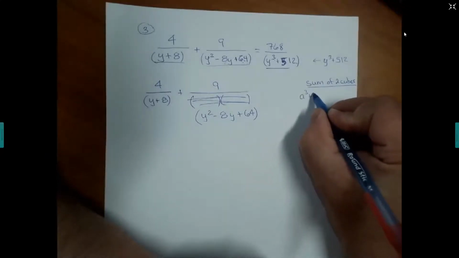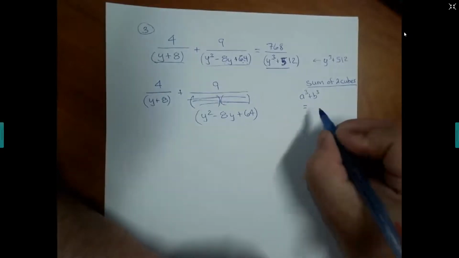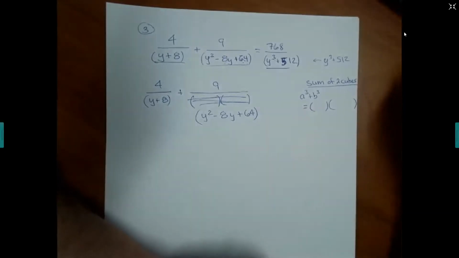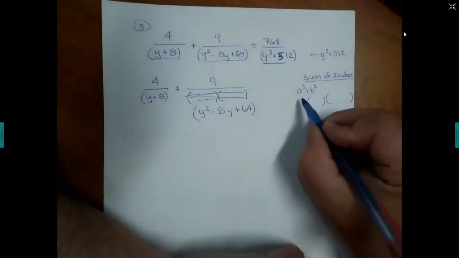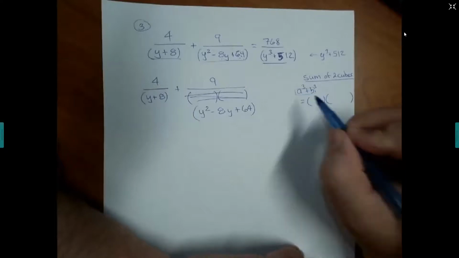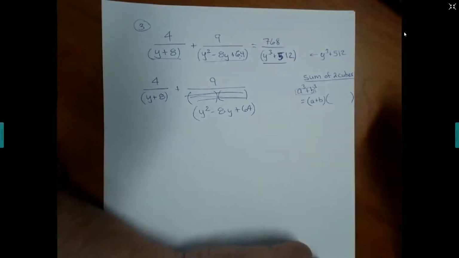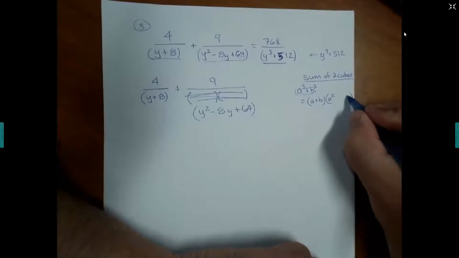A cubed plus B cubed equals. In the first parenthesis, put everything you have under the exponents. So it's A plus B. The first one's going to be A squared, and the last one is going to be B squared.